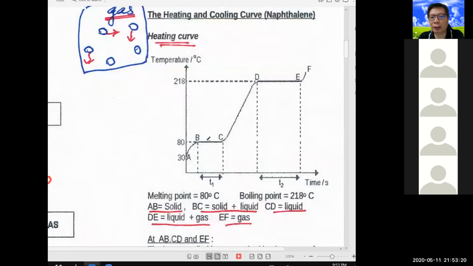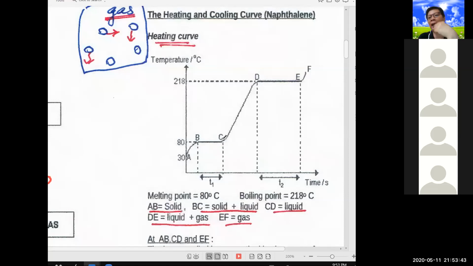So BC, solid plus liquid, means it started to melt. Some solid, some liquid. Melting point 80. When everything has melted, the temperature continues to go up. CD is liquid, because all the solid has melted and now it is all liquid.